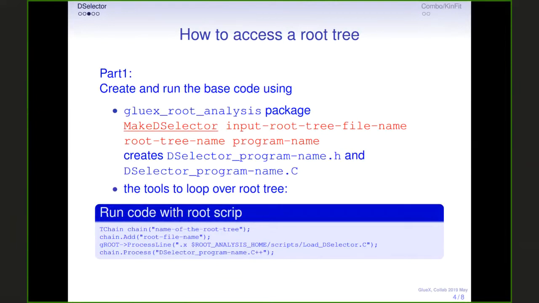Then you have this magic line here that is part of the GlueX root analysis package. And then you say chain process and your C program that you have created. The two pluses at the back just force the script to compile the code, even if the objects have already been created earlier. Is that clear so far?